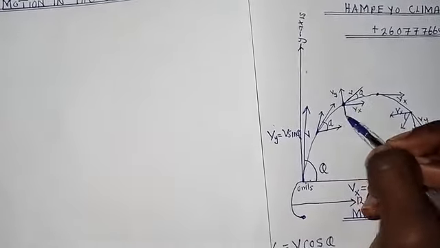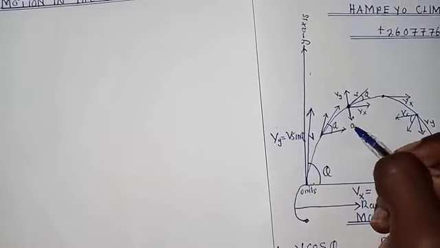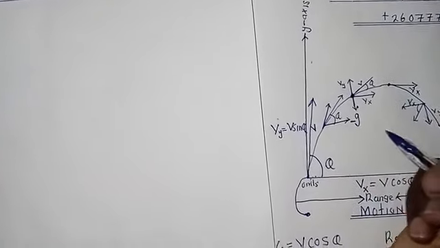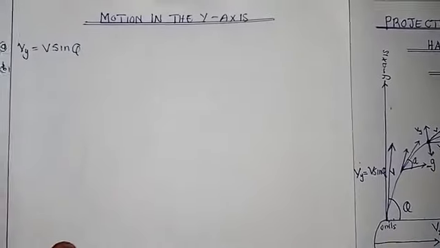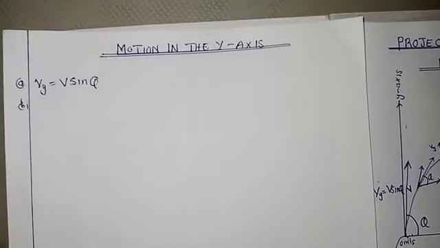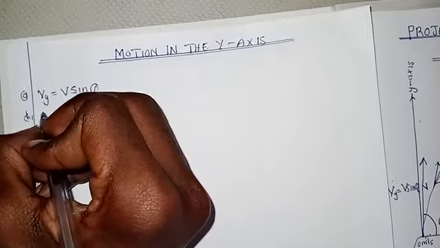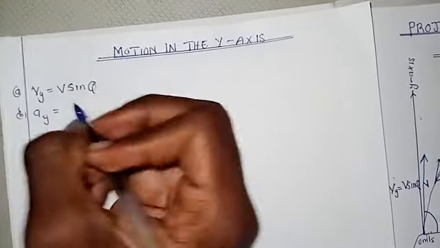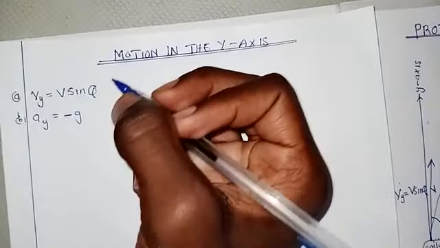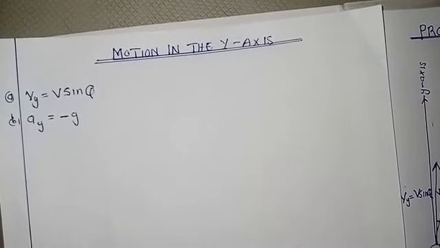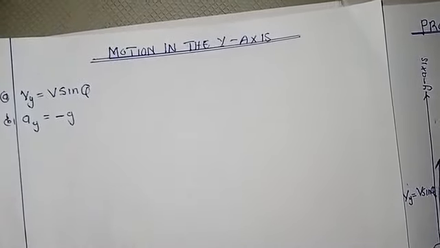So there is going to be a force which we're calling the force of gravity in the negative direction to be putting it down there. Therefore, we say that the acceleration that exists in the y-axis is simply called the acceleration due to gravity, which happens to be negative.